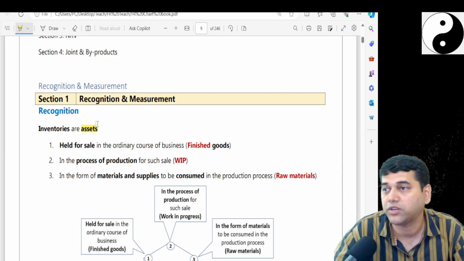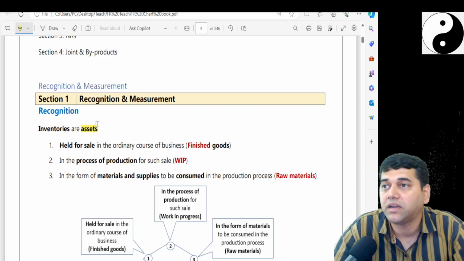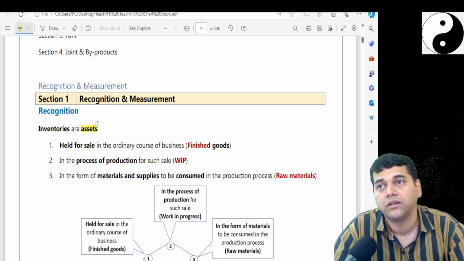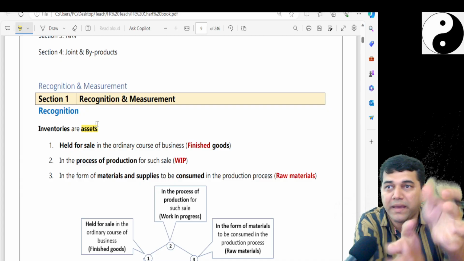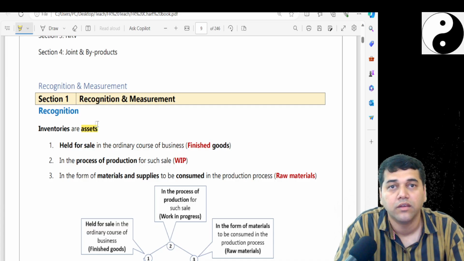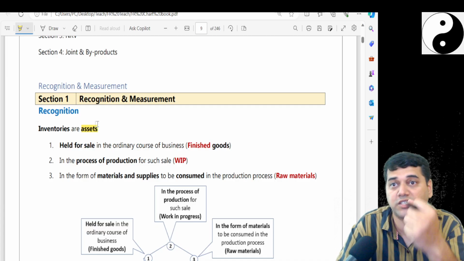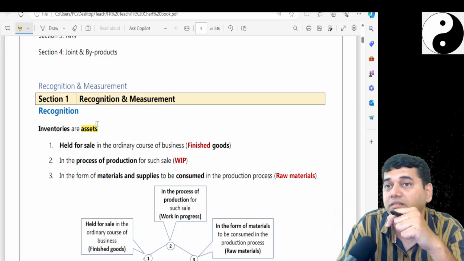There is one question, okay, which I will give you as a part 2 question. There is one shipbuilding company, okay. In that shipbuilding company, the customer gives certain spare items, spares, which have to be fitted there. Now, the question is, is the item received from the customer to be fitted into the ship an inventory?